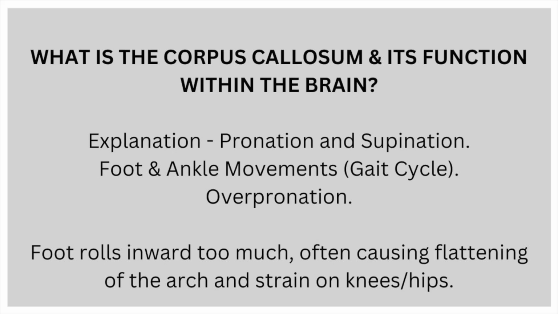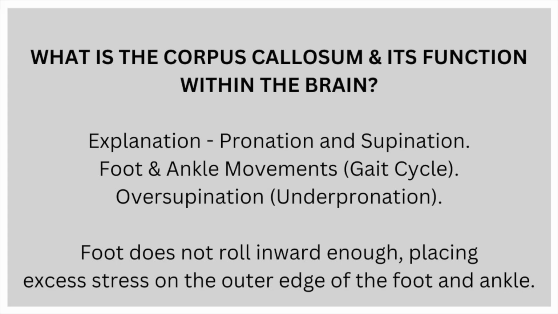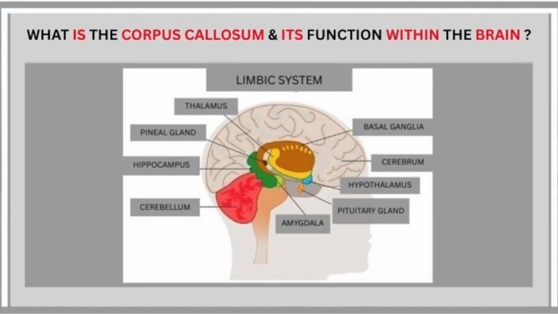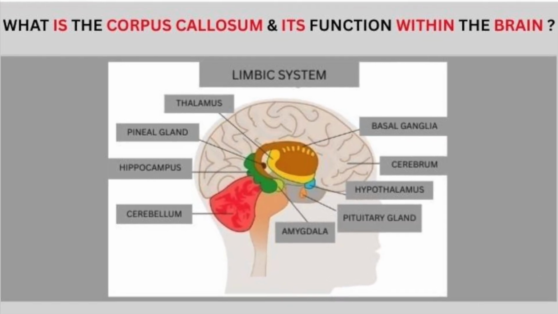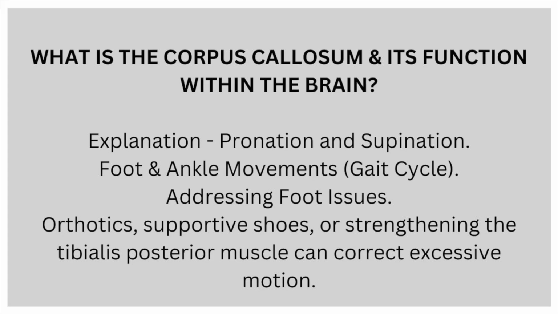Overpronation: the foot rolls inward too much, often causing flattening of the arch and strain on knees and hips. Over-supination, or under-pronation: the foot does not roll inwards enough, placing excess stress on the outer edge of the foot and the ankle. Addressing foot issues: orthotics, supportive shoes or strengthening the tibialis posterior muscle can correct excessive motion.